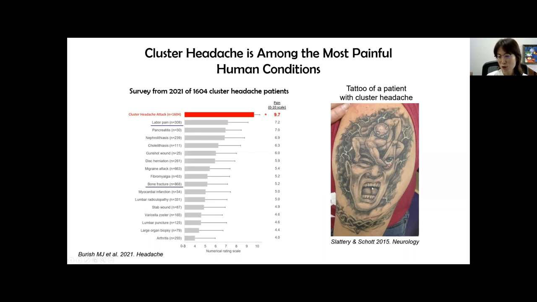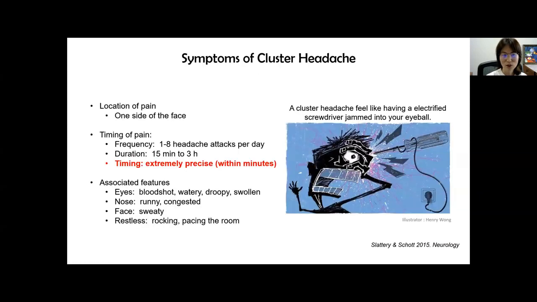Showing here is a tattoo of a patient who wanted to describe the pain like this, that someone is drilling his eye. It is on one side of the face, and the timing of the headache is about 15 minutes to 3 hours, very precise.